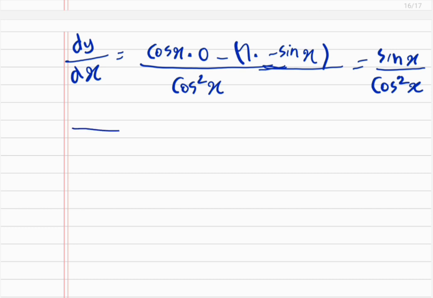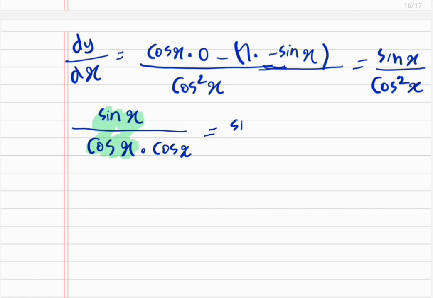We can't do anything with the numerator, so it's just sine x. But for the denominator, let's rewrite cos squared x as cos x times cos x. The interesting thing here is that we have sine x over cos x, and we already know that sine x over cos x is tan x.